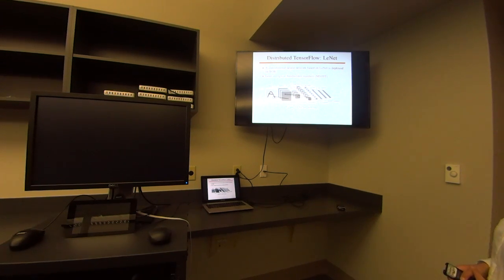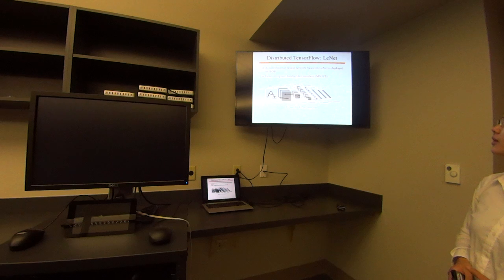Now we have some primary results. The running time for training the model with one epoch on 4 nodes is about 1 hour, and the testing accuracy is about 89%.